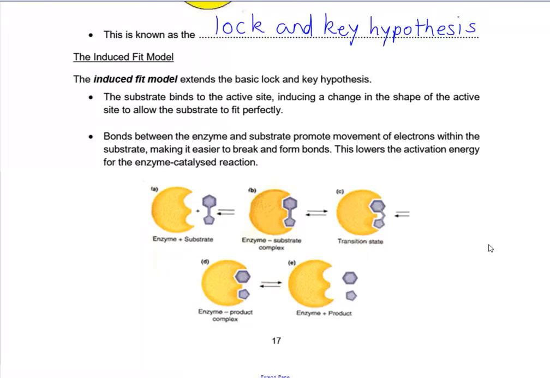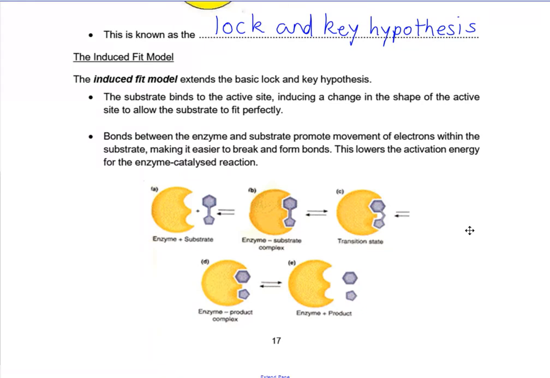A shortcoming of the lock and key hypothesis is it doesn't explain how the enzyme catalyses the reaction. So the model was extended by the induced fit model. In this model, the substrate binds to the active site, inducing a change in the shape of the active site to allow the substrate to fit perfectly.